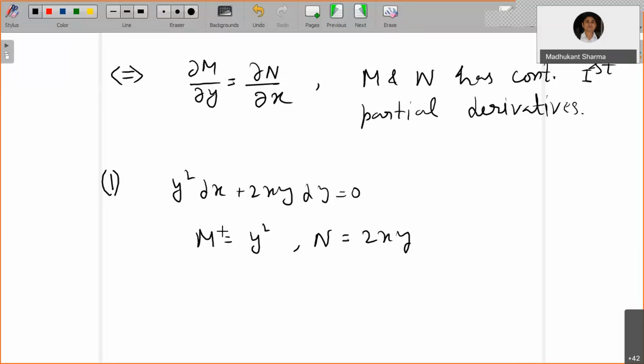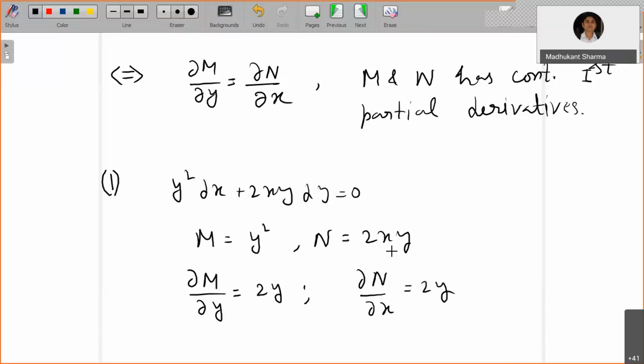The dx coefficient is differentiated partially with respect to y, and the dy coefficient is differentiated partially with respect to x. The partial derivative of M with respect to y is 2y, and ∂N/∂x is also 2y, since y is a constant when you differentiate partially with respect to x.